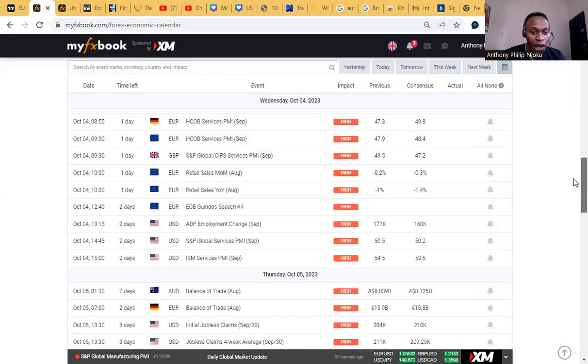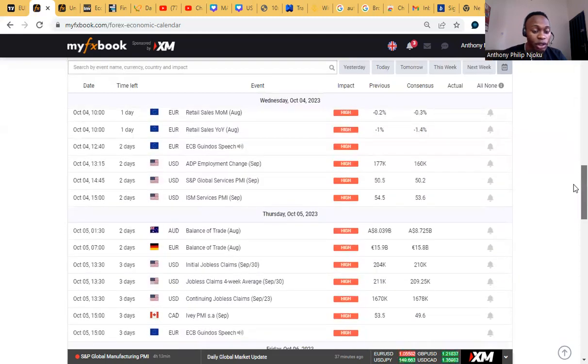Then we have Euro retail sales month over month and Euro retail sales year over year. These are also happening in London session. So we'll pay close attention to that and see how the market reacts.